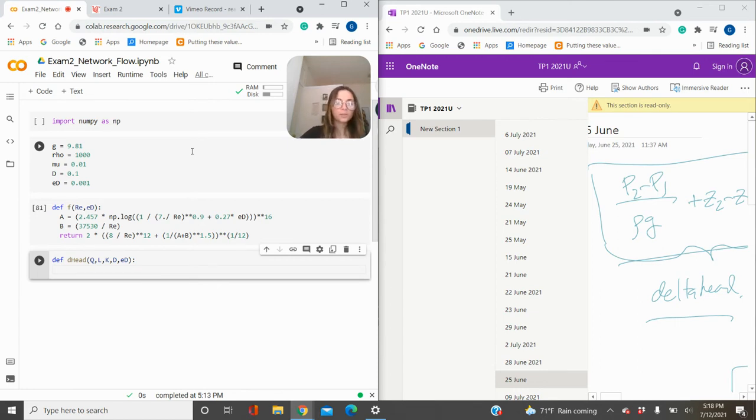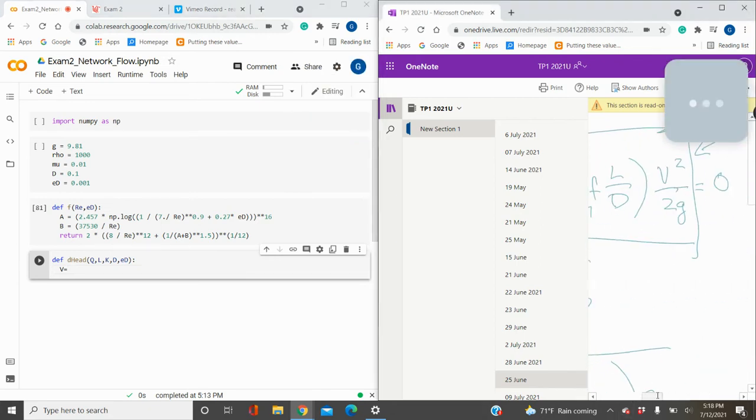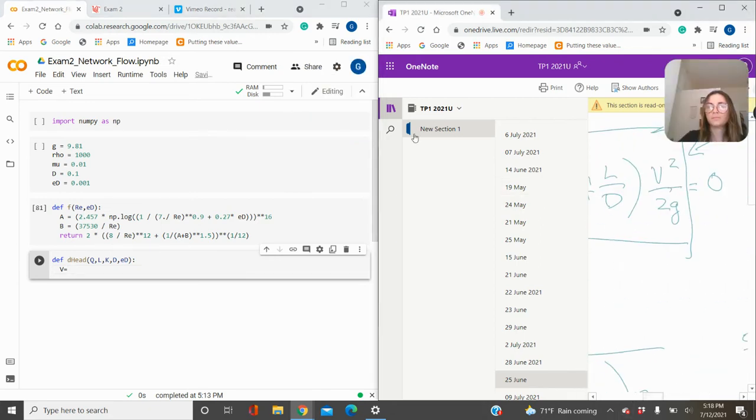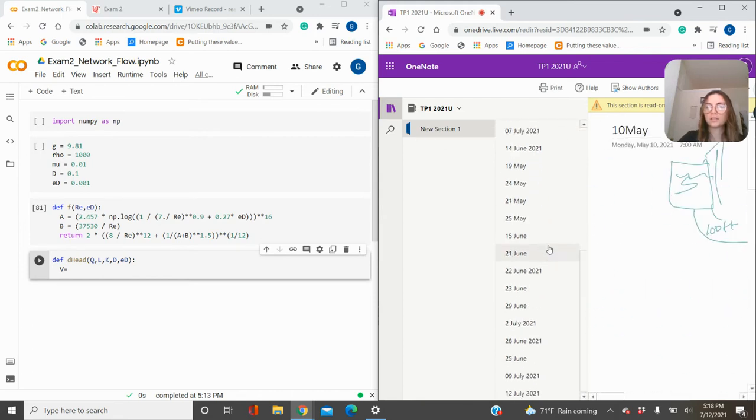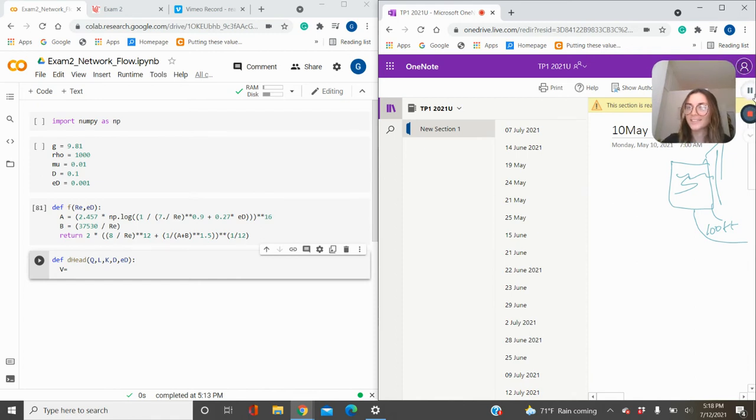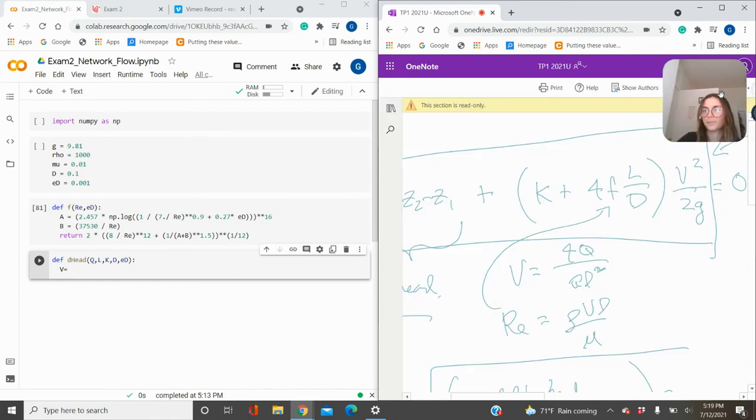So I'm going to plug in our equation for our volume. Sorry, I'm going to pause this real quick because I have to find our notes again. Okay, I figured it out.